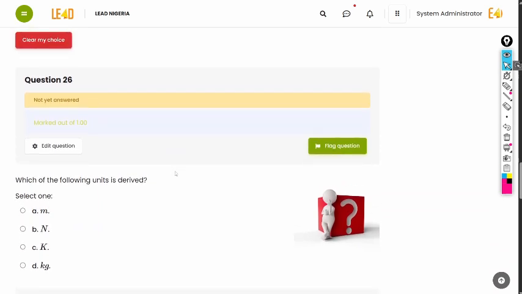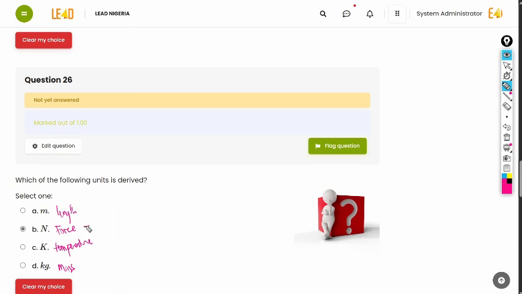Question 26 says: which of the following units is derived? The correct answer is N, newtons. You need to learn your fundamental quantities and fundamental units so that you'll be able to tell. This is mass, which is fundamental. This is temperature, which is fundamental. This is length, which is fundamental. But force is derived.